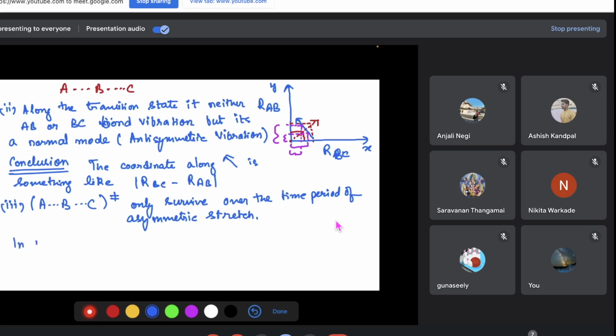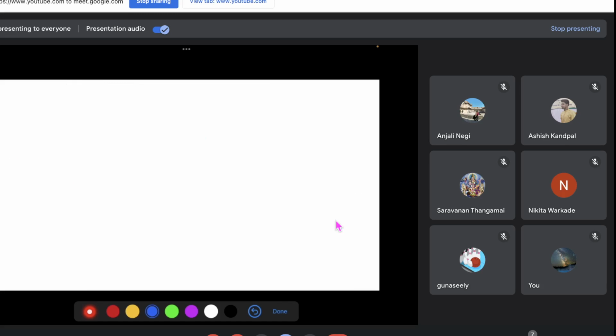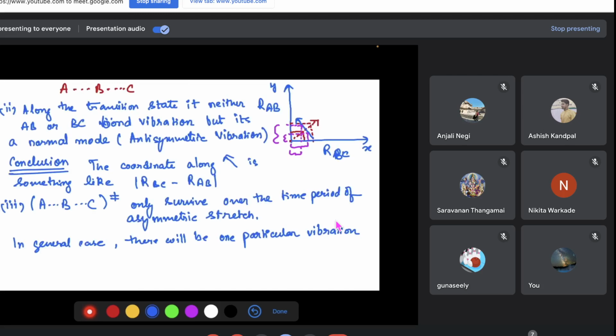In general, there will be one particular vibration, which we know is antisymmetric in nature, which along the reaction coordinate will give me product.